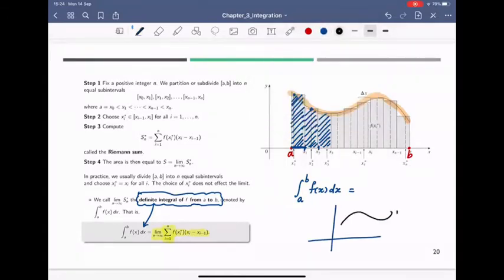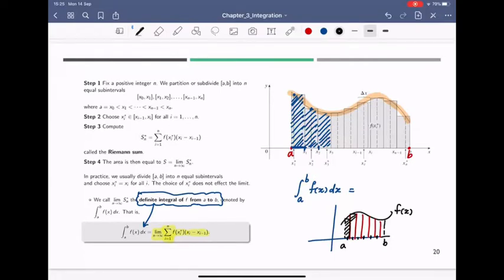Once you know the graph of f, and I want to integrate from a to b, then I can chop this into n pieces. And for each piece, I pick just one point to be the representative. Maybe I pick the midpoint. And then I draw the stack.